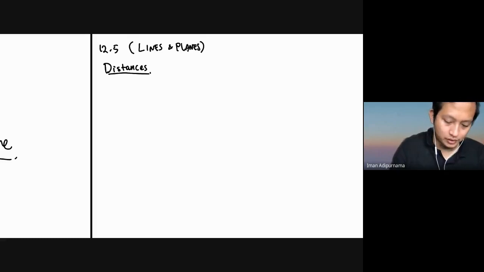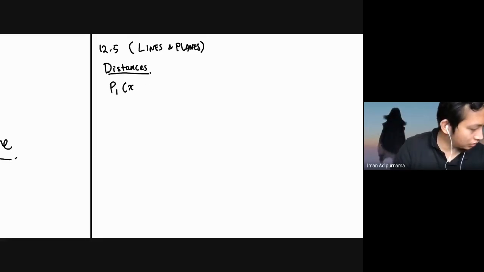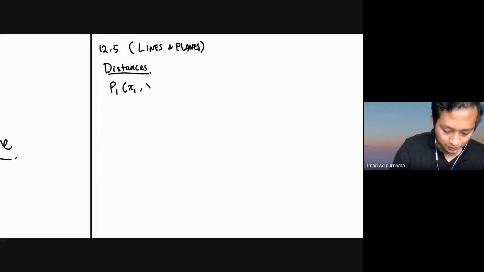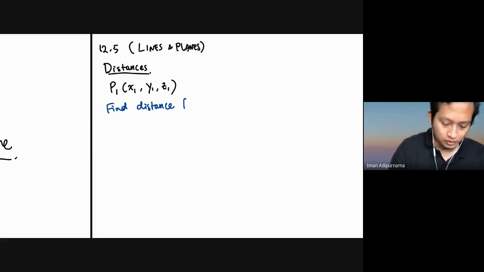So if we have P1, let's say it's on x, wait, let me write down in terms of x1 and y1 and z1. That's the point. Okay. So let's say we need to find distance from, let's say, P1 to plane.